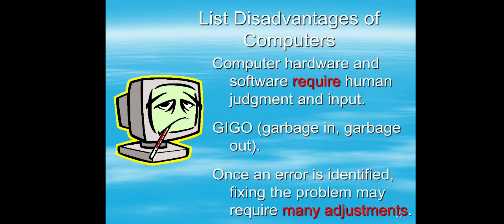And then, once an error is identified, fixing the problem may require many adjustments. If you use computer and make an error, for example you enter the wrong price for your product, it is very difficult to identify the error.